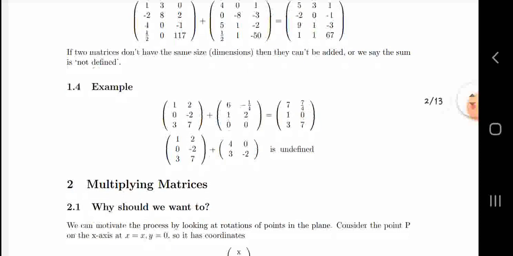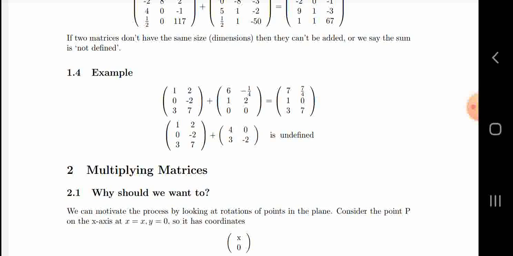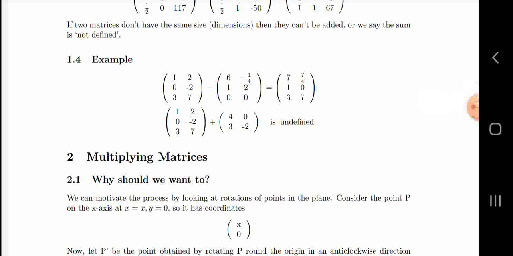They have given more examples here. 1 by 2, 1, 6, so here 6 ones, and here it will be 7 by 4. How do you know 7 by 4? 4 2s are 8, and minus 4 2s is 8, 8 minus 1 is 7, so 7 by 4. Like this you can say, but here it is undefined.